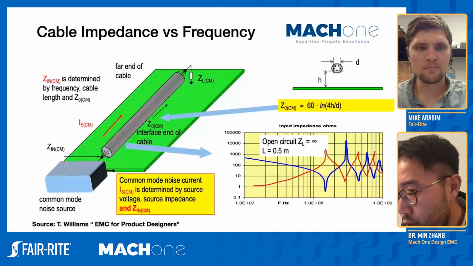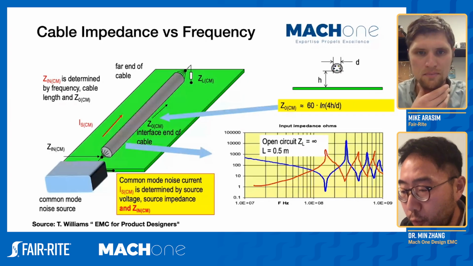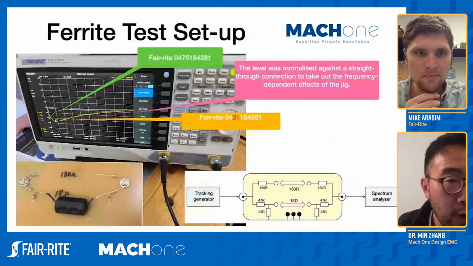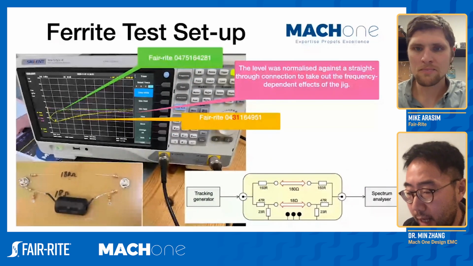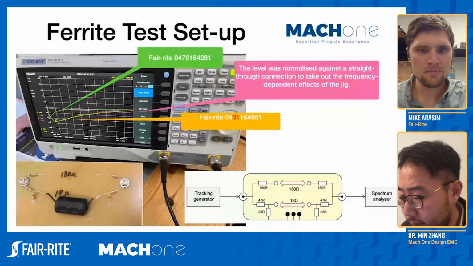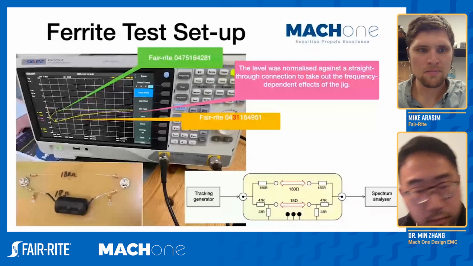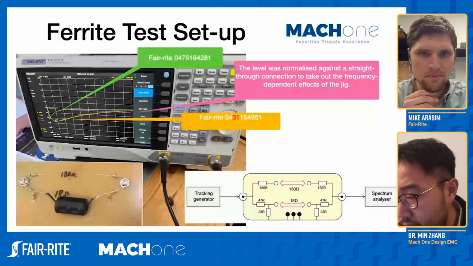Okay, in order to demonstrate this impact, we have this Fair-Rite test setup. This is a very simple jig that I built, and I'll quickly explain this impedance or resistive network. The idea is very simple.